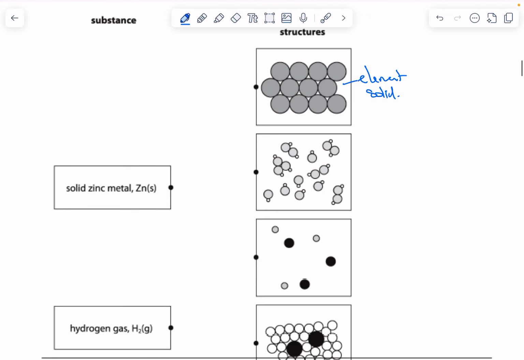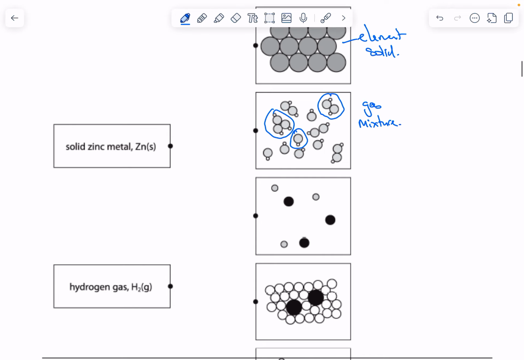This next one here is likely to be a gas, and if you look carefully, that's one type of molecule, and then there are different molecules in there, and there's another one, but the molecules are not bonded to each other. So that's a gas, but it's also a mixture.